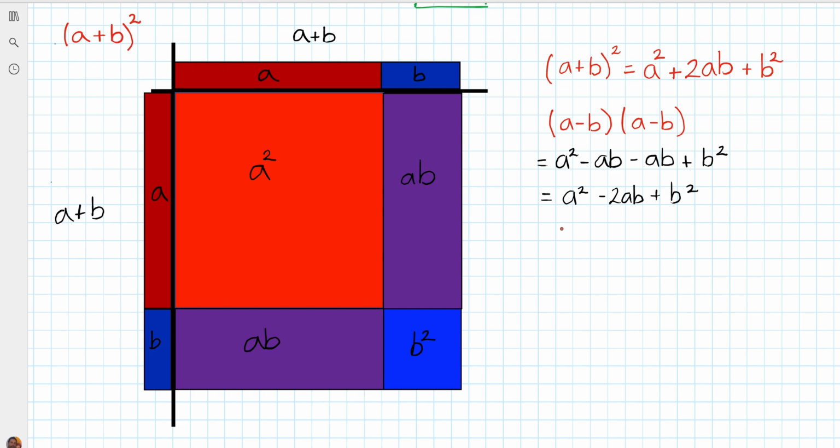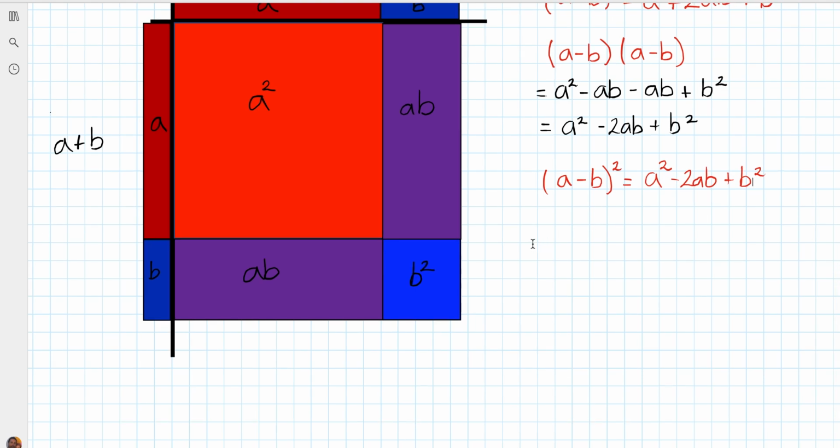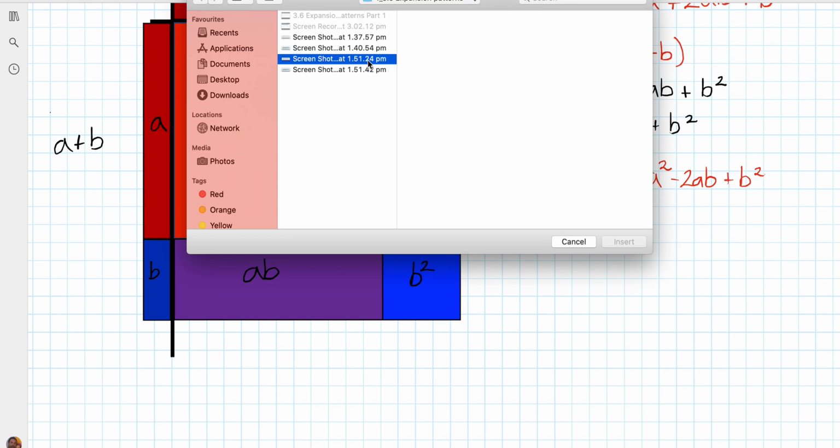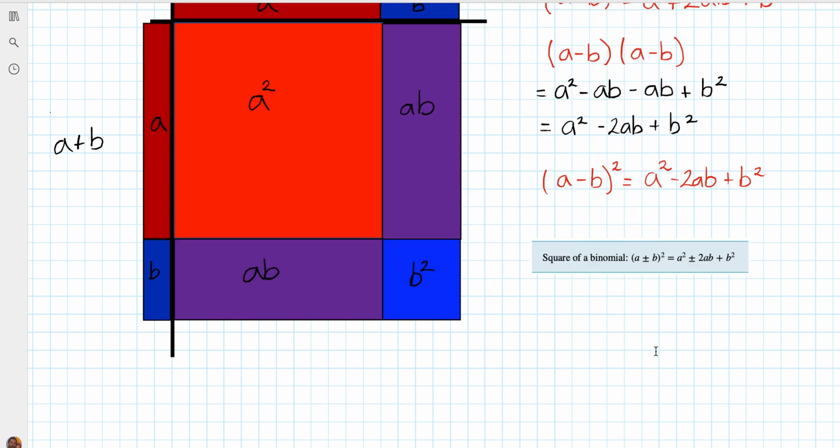So if I have A take away B, squared, this is going to be equal to A squared, take away 2AB plus B squared. Therefore, here comes the other principle that we needed to have. This is called the square of a binomial, girls.